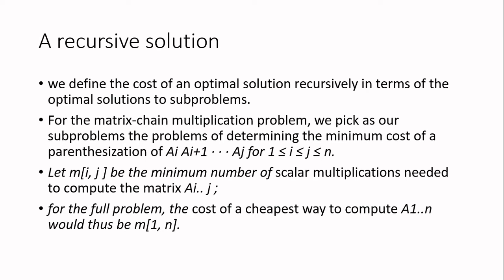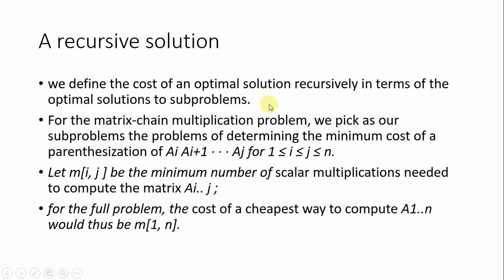So a recursive solution, the second step, is defining the recursive solution. We define the cost of an optimal solution recursively in terms of optimal solutions to subproblems. So the second step is actually defining the cost of an optimal solution, which is defined recursively in terms of the solutions to subproblems. This is also very simple.